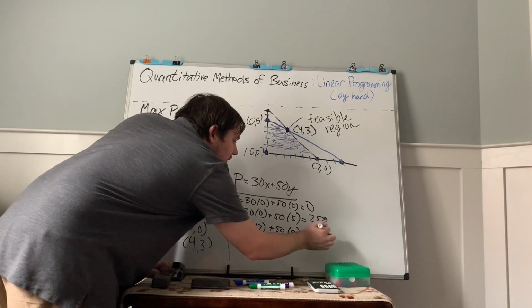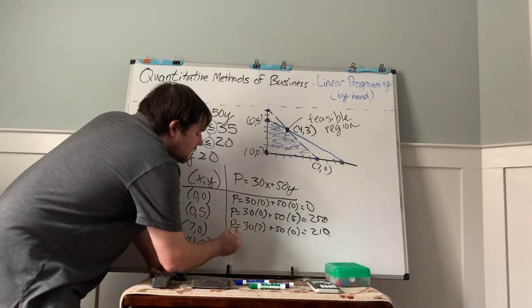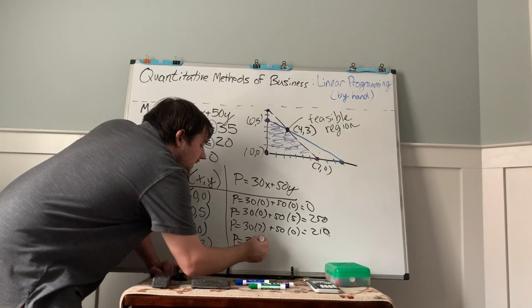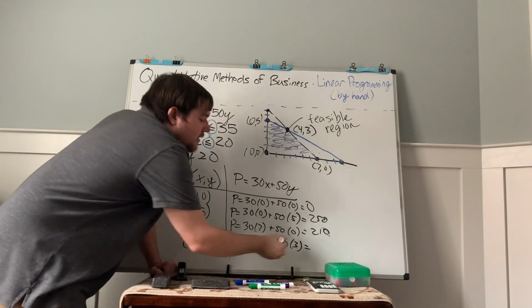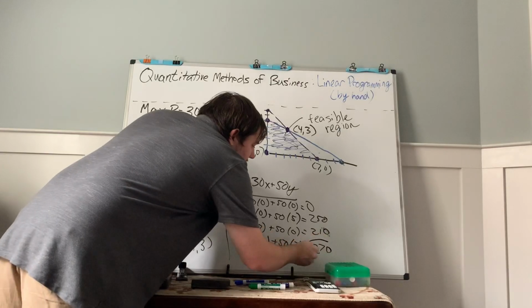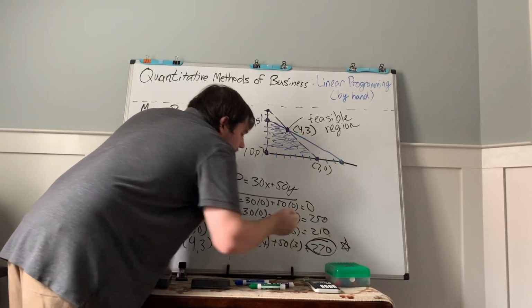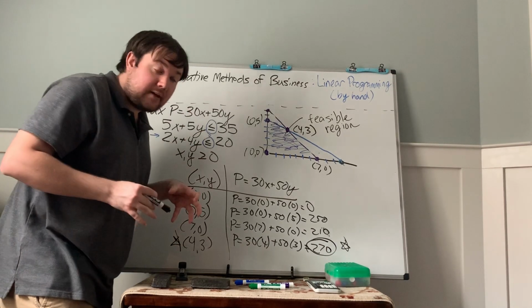That's 210. And then we've got 4, 3. So we've got p is 30 times 4 plus 50 times 3. 150 plus 120 is 270. So we notice that point has the maximum profit.